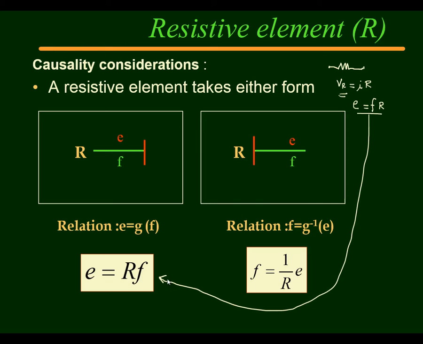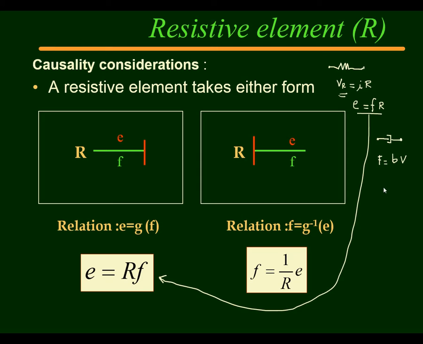So this could be true also on a mechanical system example. Let's see if we have a damper like this, where the force is equal to the constant times the velocity.